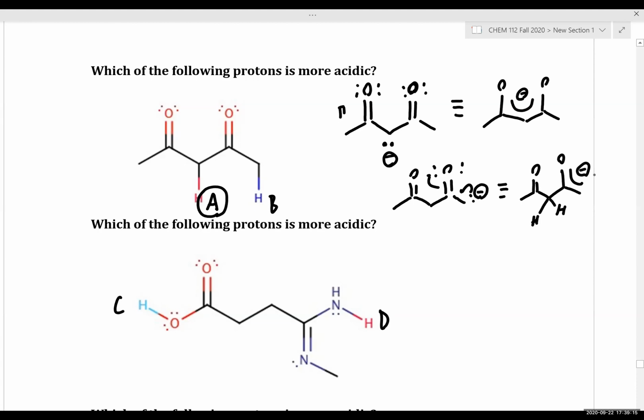So as we can see, the conjugate base generated from A experiences a greater amount of stabilization via resonance delocalization. Ergo, proton A is more acidic. Does that argument make sense?